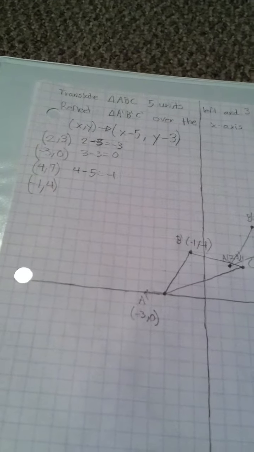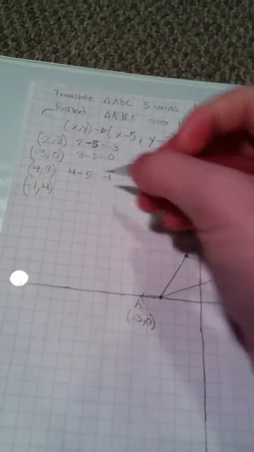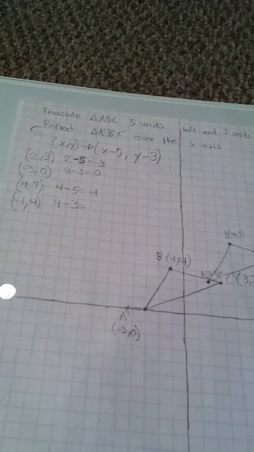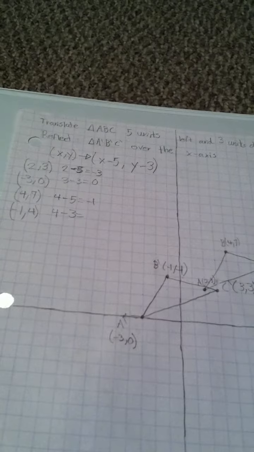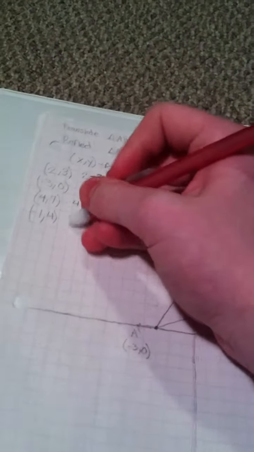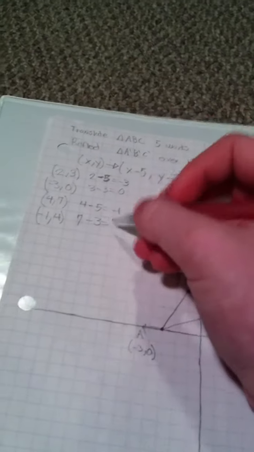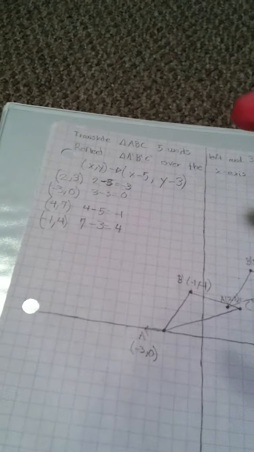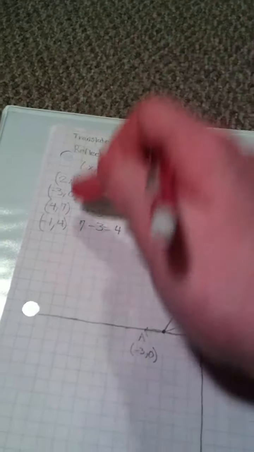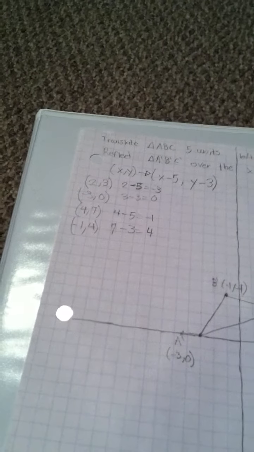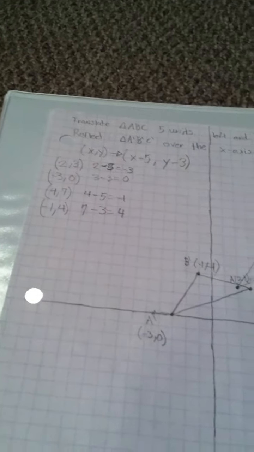Now for y, no, excuse me, I have 7. The pre-image is 7, not 4. I subtract 3 and that gives me 4, because I got the 4 from the image. I had the pre-image mixed up, so I just changed it and now it works out perfect. So for point B it works.